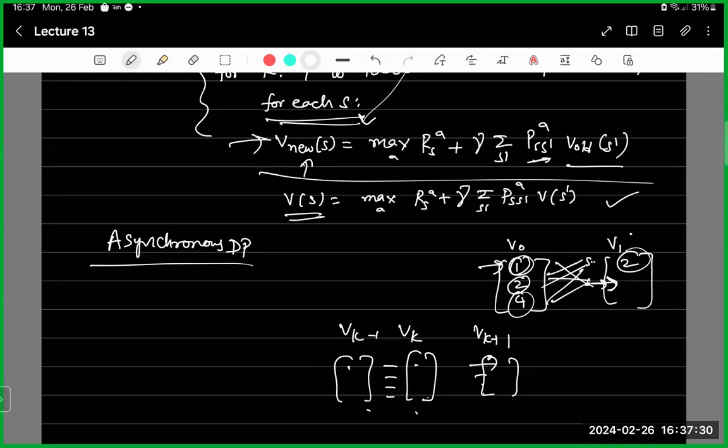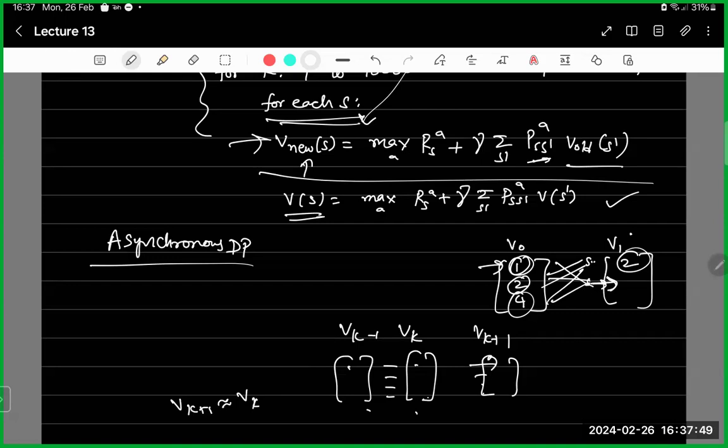Are you understanding what I'm saying? Because we want VK plus 1 to be closer to VK, that's when you want to stop. But some components might be already equal or very close. Some components in this vector might be far away. You just apply the update rule.